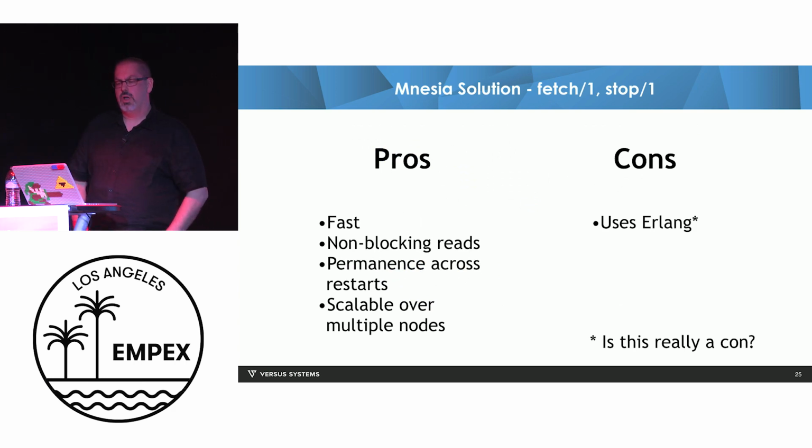So the pros now this time are it's fast. It can be just as fast as the other solutions because you're operating on memory. I didn't mention it earlier with the transactions, but you can choose to do dirty operations if you want.